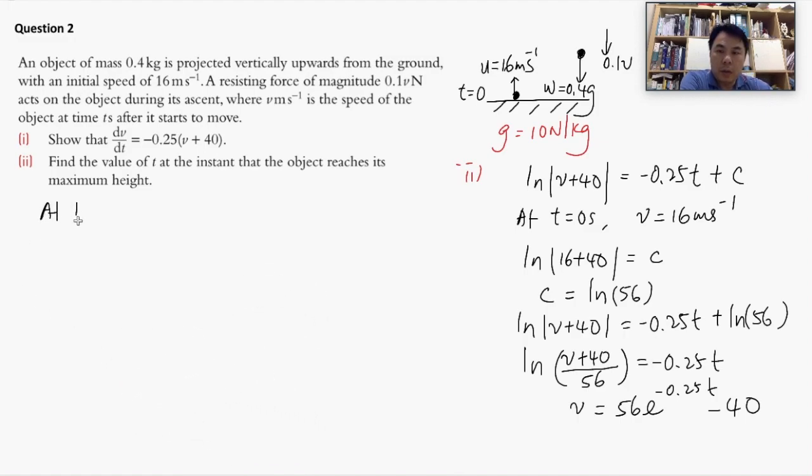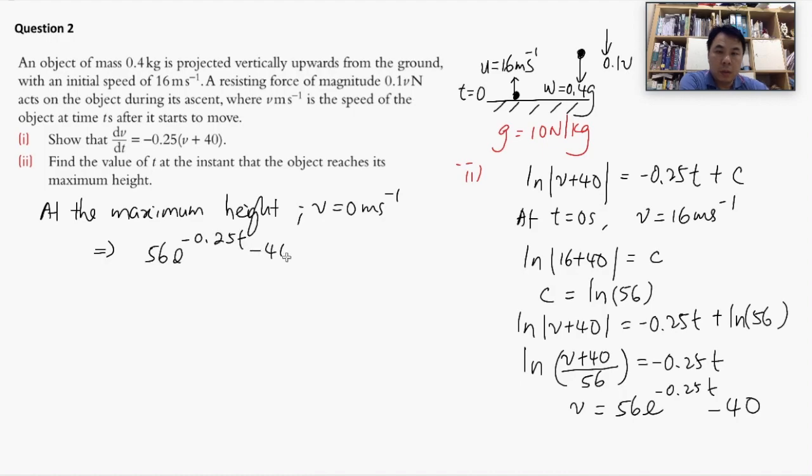Alright, at the maximum height, we know that velocity is equal to 0 meter per second. Now, therefore, 56 e to the negative 0.25 t minus 40 must be equal to 0.